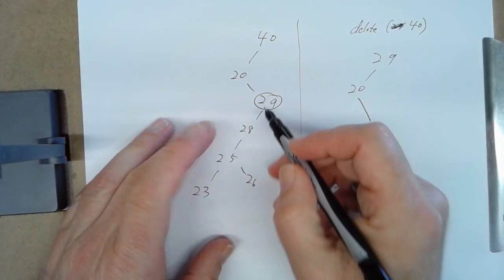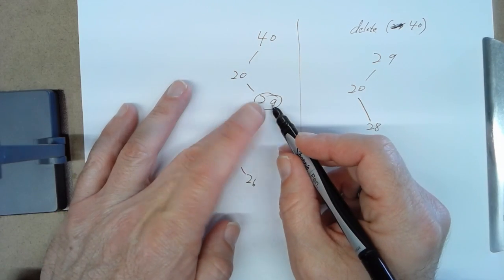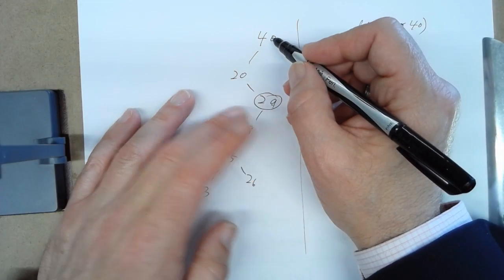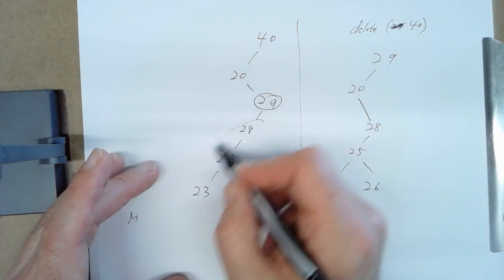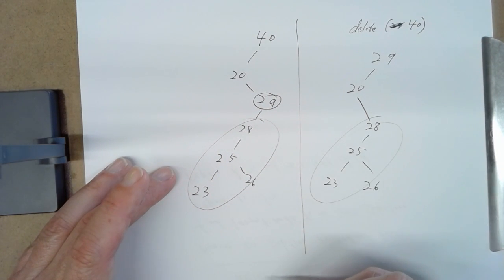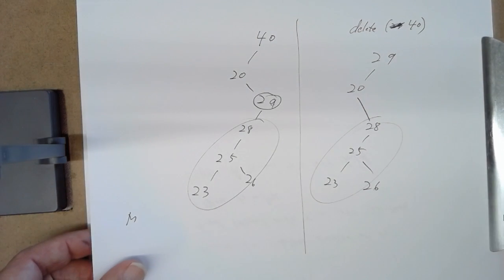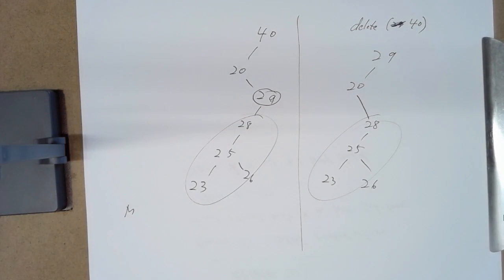So over here, to delete the 40, we find the largest node is 29, move that up to the root, and then replace the 29 with all the stuff that was on its left, which was the 28 rooted tree. And that's always going to work.